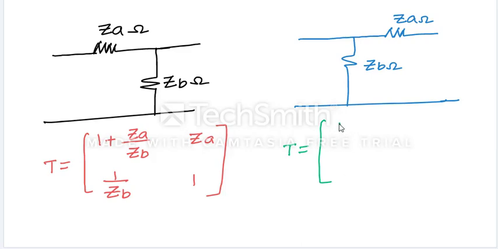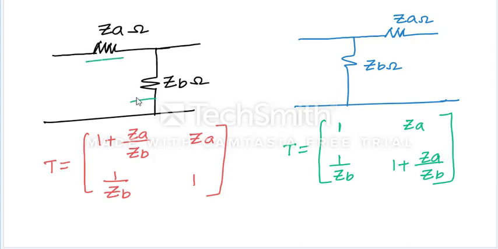This is 1, ZA, this is 1 by ZB. Now we'll combine all. 1 plus ZA by ZB. Isn't it? These are the T parameters for this type of networks.